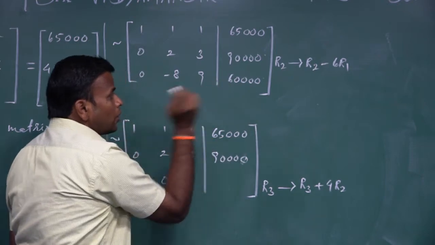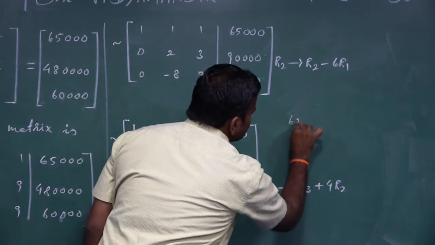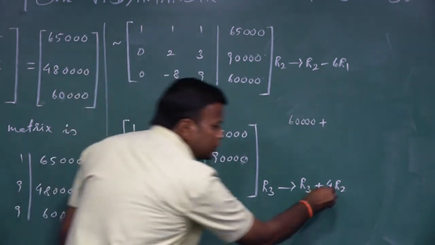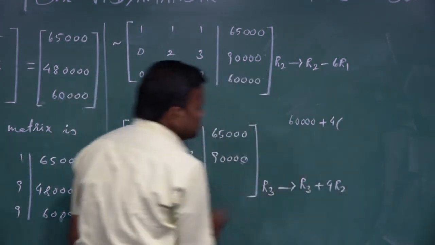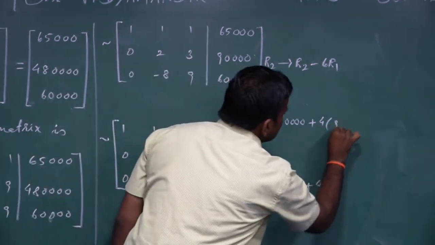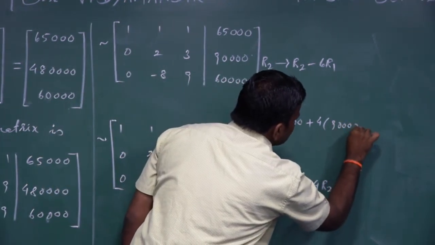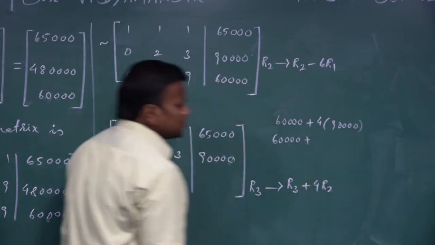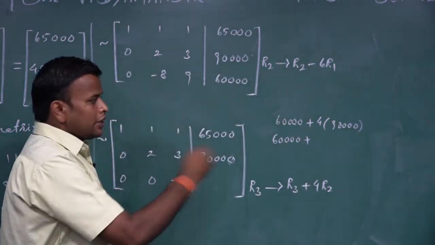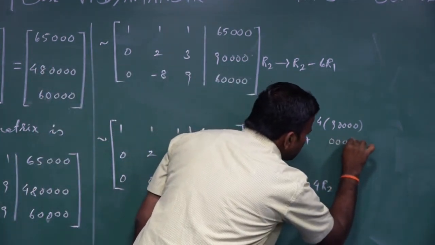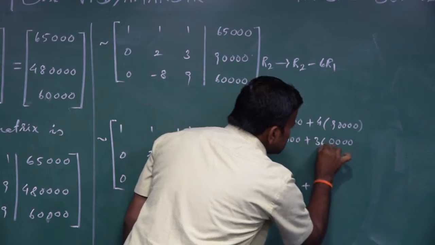The value of R3 is 60,000 plus 4 times of R2. 4 times of the value of R2 is 90,000. 60,000 plus 4 into 90,000. Already 4 zeros are there, 1, 2, 3, 4. 4 nines are 36.